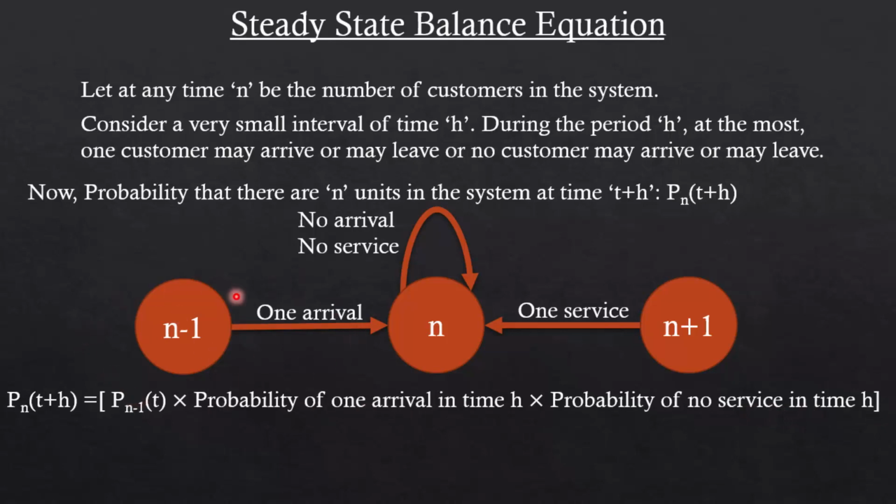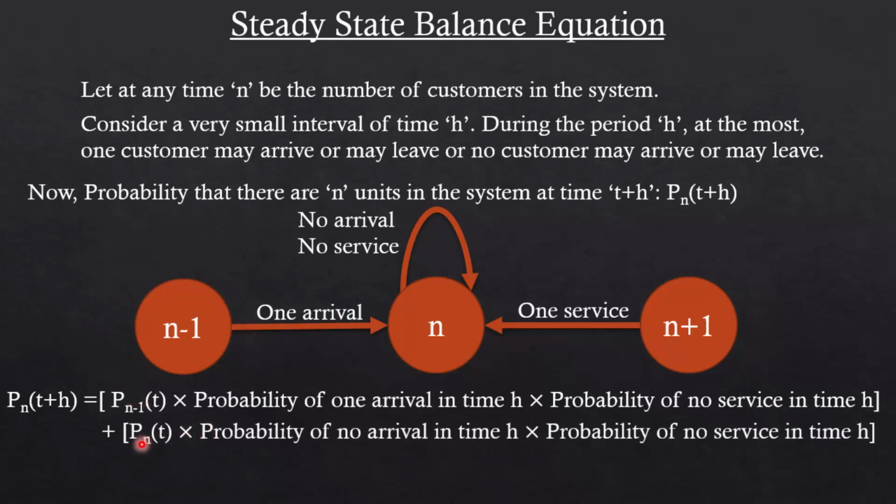So here is one condition, and the second condition is when we have n number of customers at time t. Now in a small interval of time the probability of no arrival in time h and the probability of no service in time h. So we can see that there is no arrival and no service.